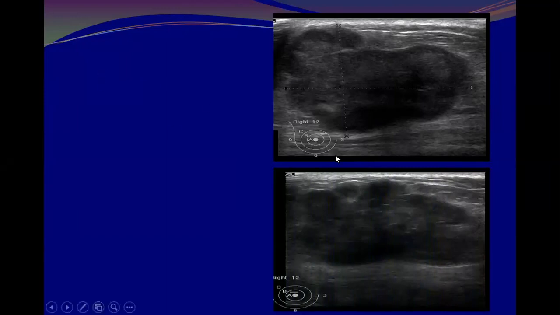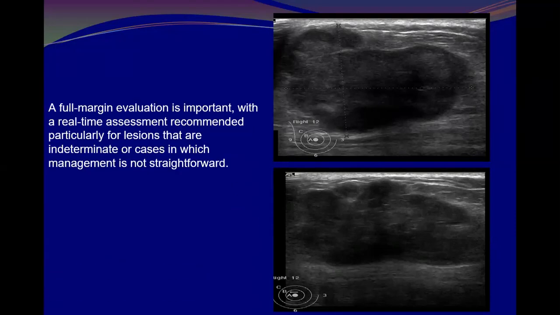Some of the microlobulations are very subtle here. But when we sweep throughout or over the lesions, look for whether the margins are indistinct and microlobulated or not sharp. That is why full margin evaluation with real-time assessment is recommended, particularly for indeterminate lesions.